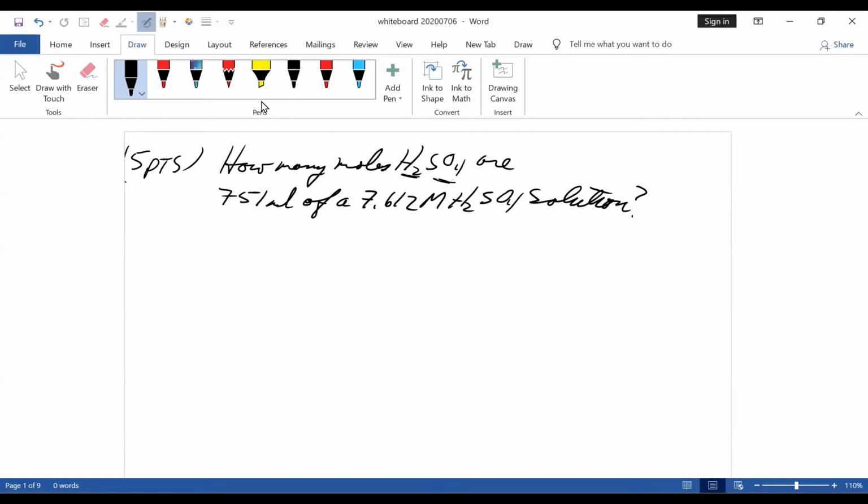And so what are we trying to find? Moles of H2SO4. What are we given? How many milliliters? We're also given this strange number.